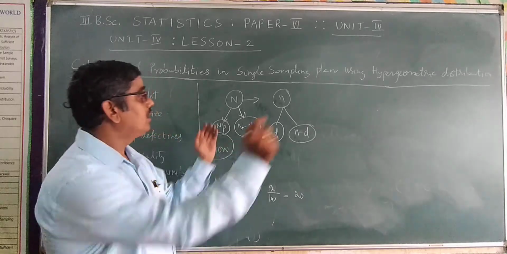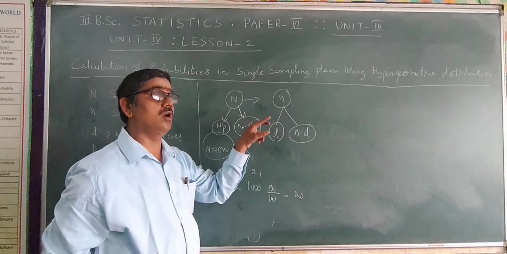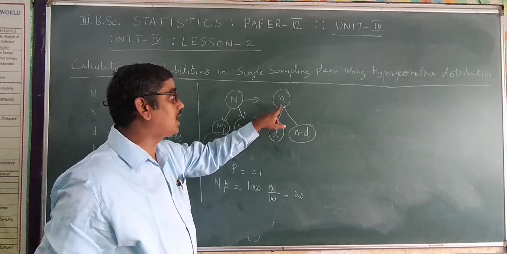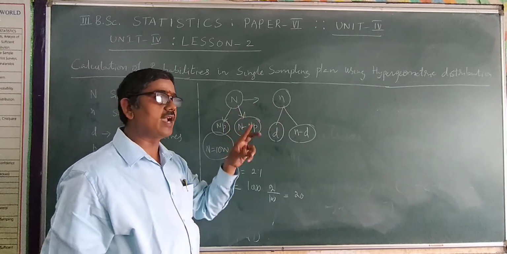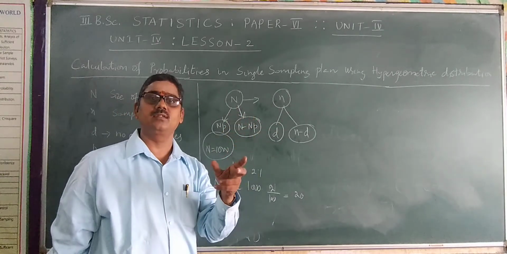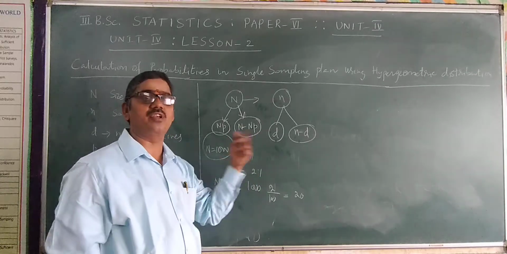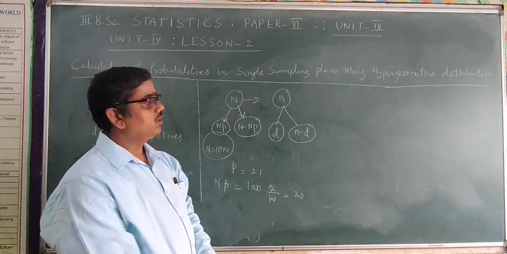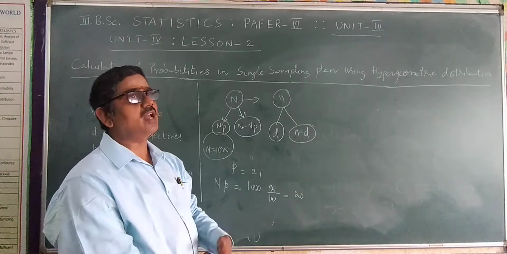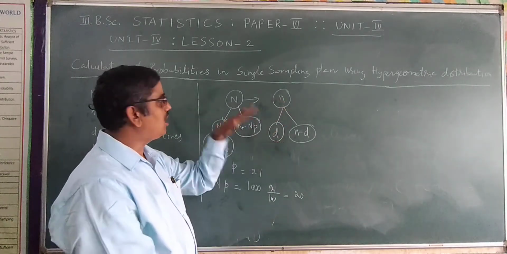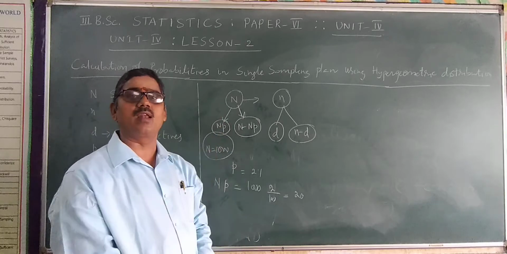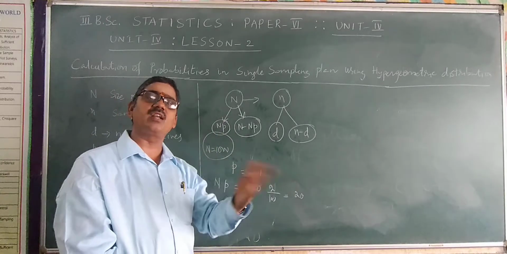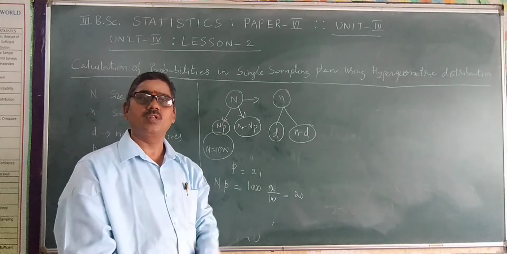Similarly, here there are two kinds of categories: sample and lot. One is small n, another one is capital N. The defective items may be obtained from the sample and from the lot as well. Similarly for non-defective items.